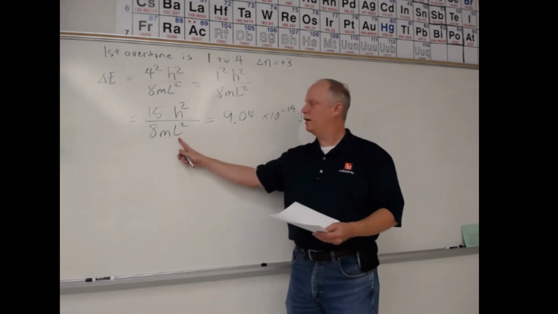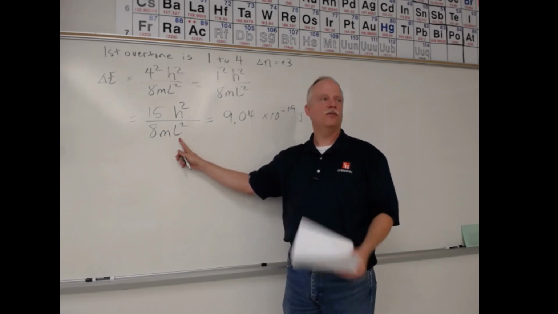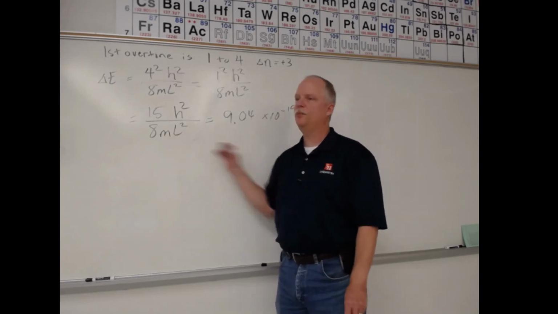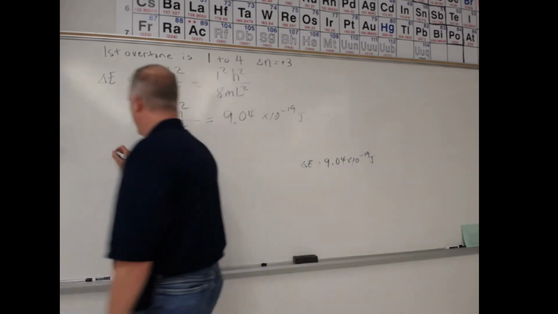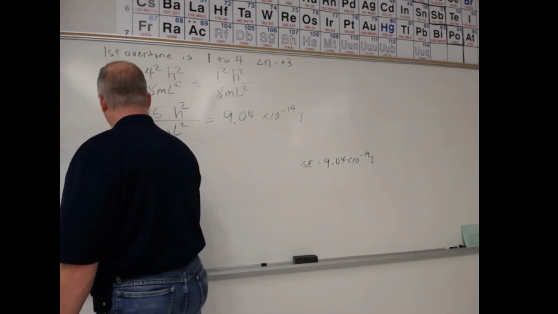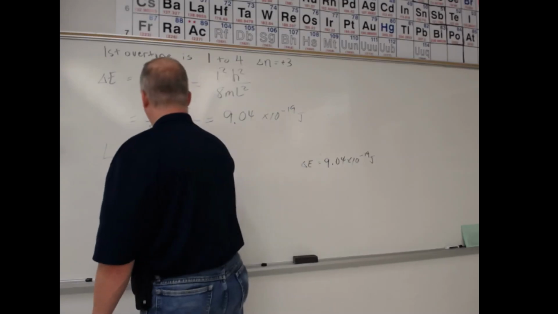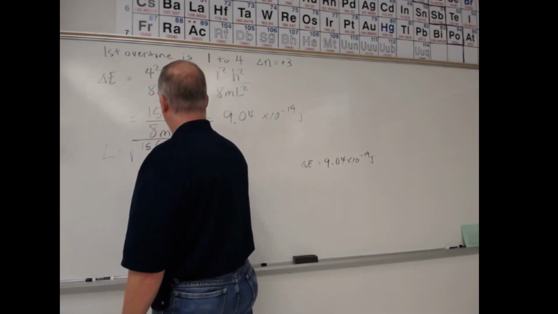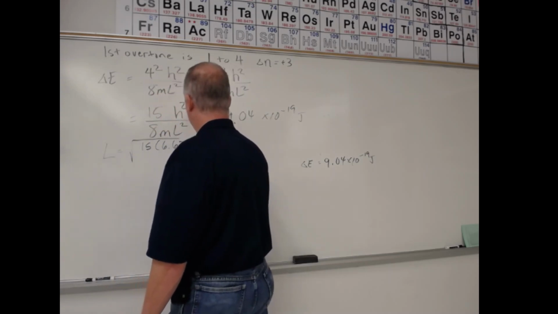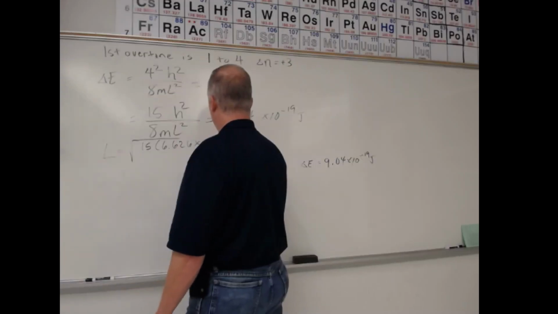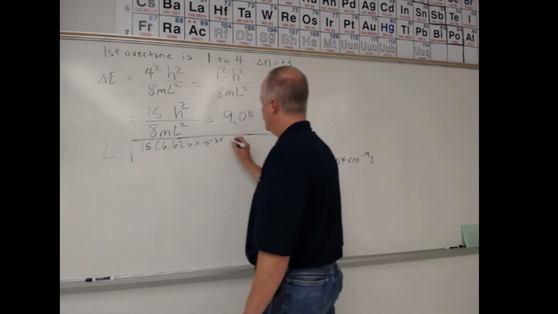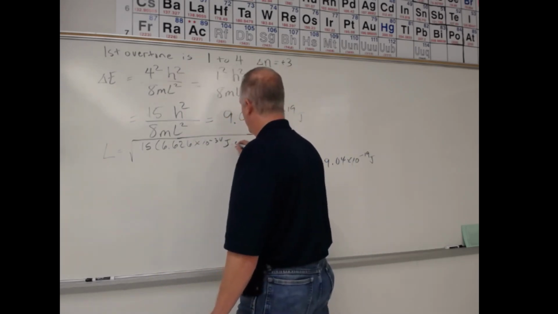And this is my one unknown. So I just have to solve for L. Okay, so I'm going to do that algebraically. We'll put all the numbers in. So L is equal to the square root of 15 times 6.626 times 10 to the minus 34 joules times seconds.